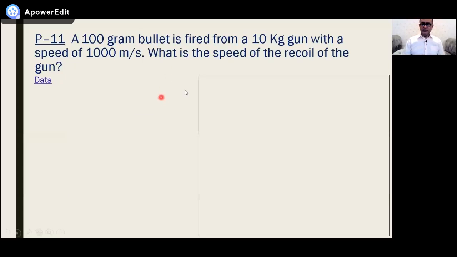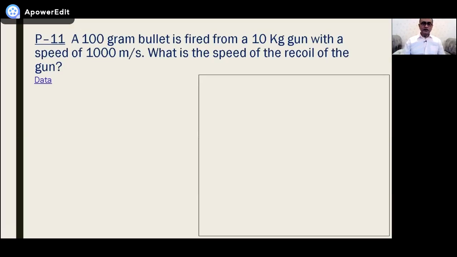So what can you see on the screen right now? That there's a 100-gram bullet, and that 100-gram bullet is fired from a 10-kilogram gun.